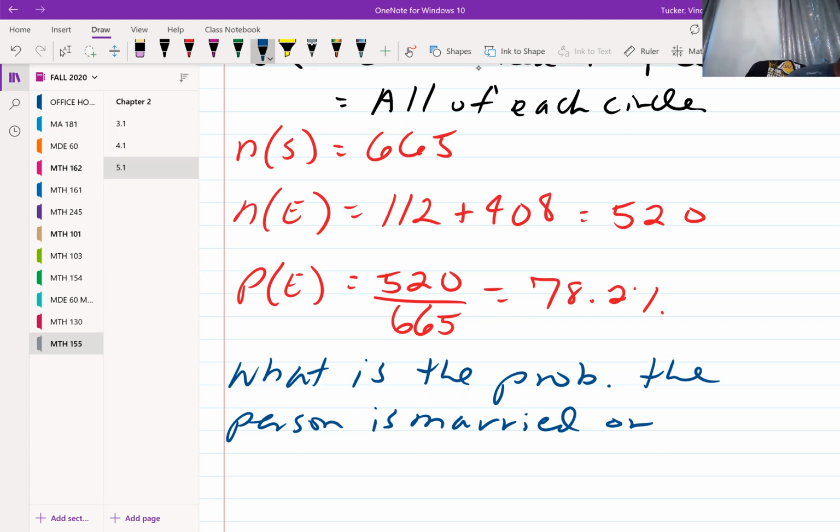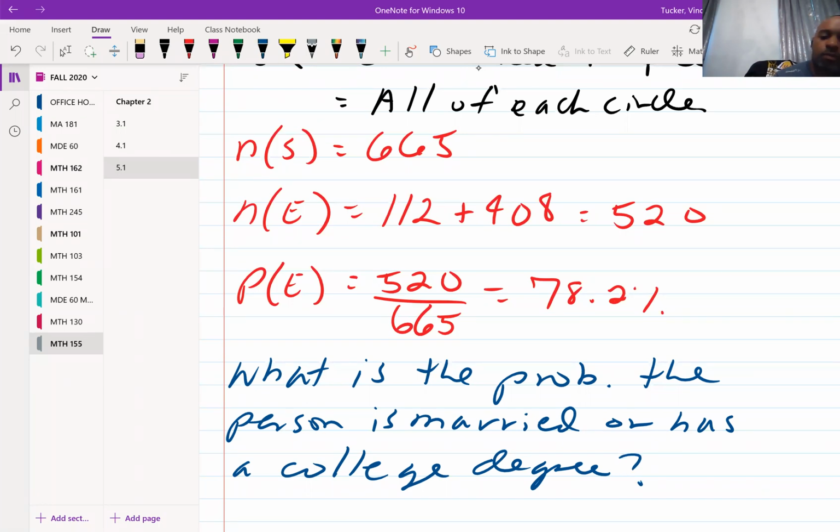Married or has a college degree. All right, so what is the probability the person is married or has a college degree?